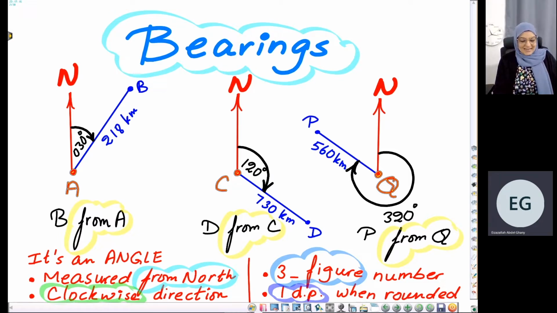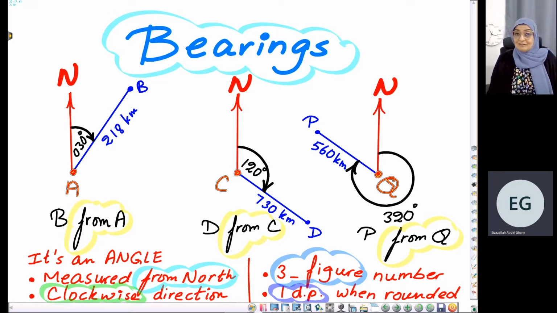Let's say it again. Bearing of B from A, north at A. Bearing of D from C, north at C. Bearing of P from Q, north at Q.